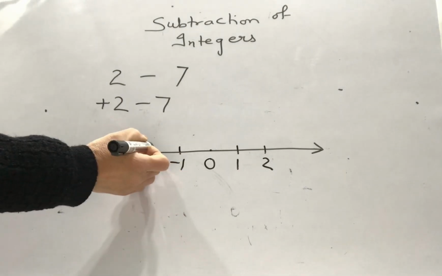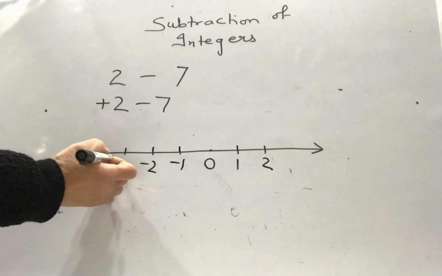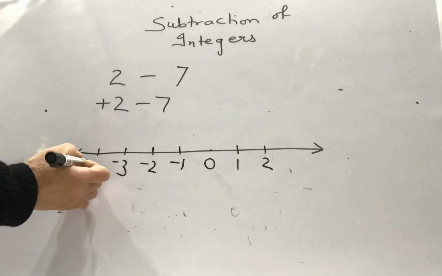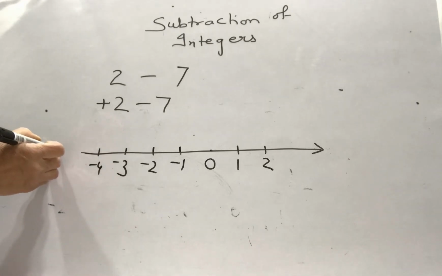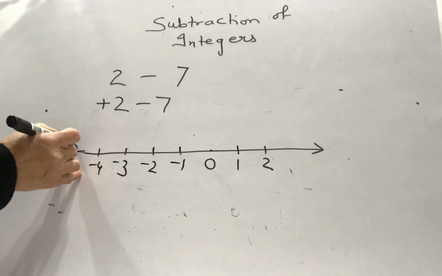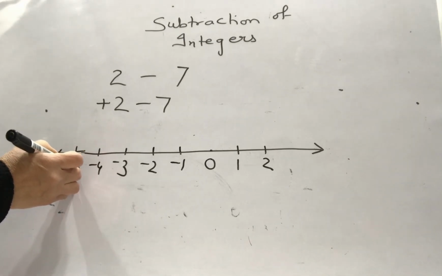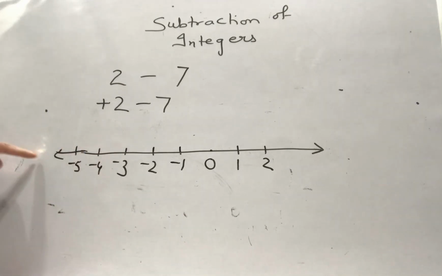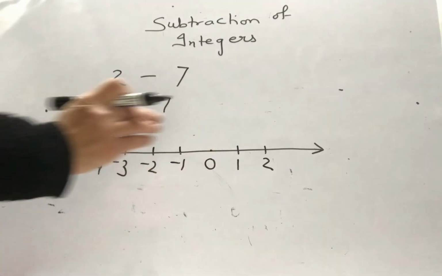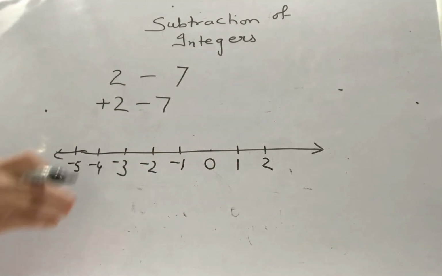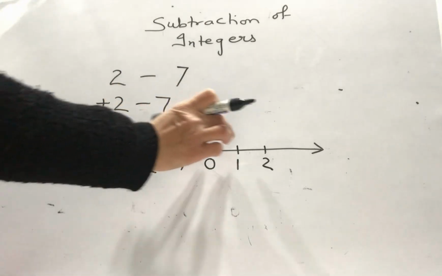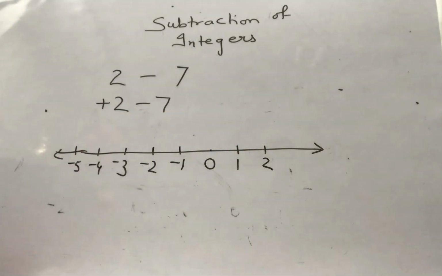This will be -1, -2, -3, -4. This arrow means it can be extended. So I can extend it to -5. After drawing a straight line and from your scale, your markings of 1 centimeter or half centimeter, but this should remain the same. I have taken 1 unit from scale.